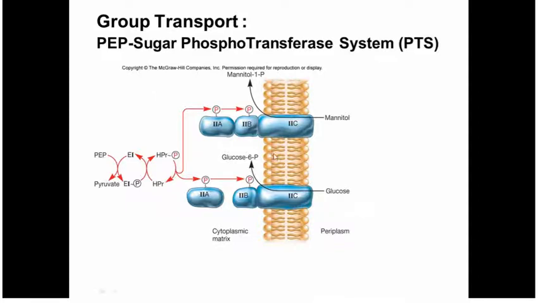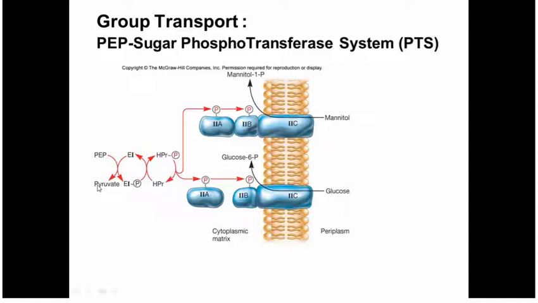So where does the phosphate group come from? It comes from phosphoenolpyruvate over here. So this is the last step in glycolysis, normally. Normally phosphoenolpyruvate is going to be dephosphorylated and give you pyruvate.